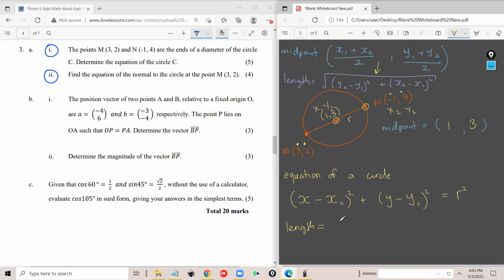So let's see what we have here. y2 minus y1.